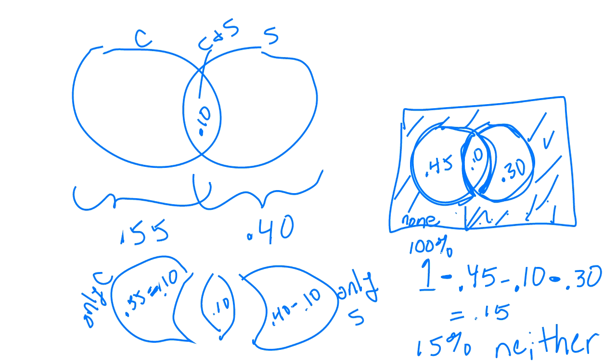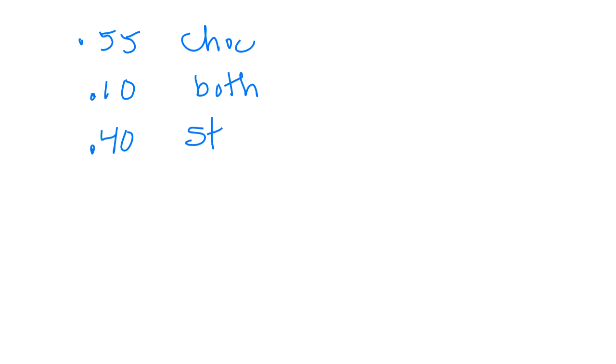Okay, so in this question, if you joined late, let me go over this again. Let me start with the same problem. I had 55% that like chocolate. I had 10% that like both. This is about ice cream flavors, by the way. And then I had 40% that like strawberry. So the question was, how many like neither?